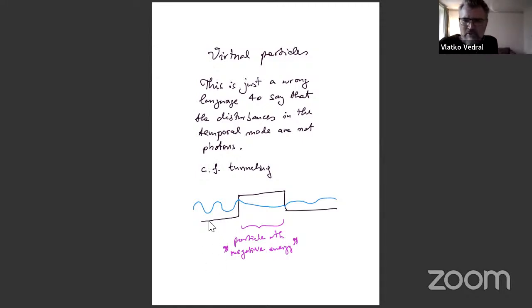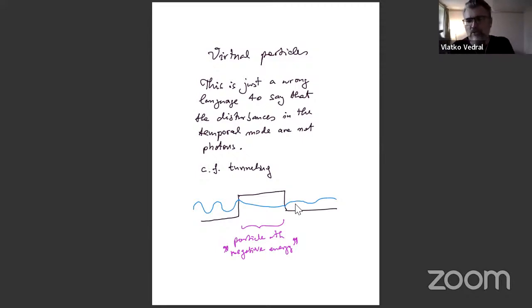You will remember that when you have tunneling, we also have a very similar story that we tell. We have a particle that's coming from the left of the potential. And then when the particle tunnels through the potential, we end up talking about a particle of negative energy, of imaginary momentum, if you like, that somehow goes through this and then ends.